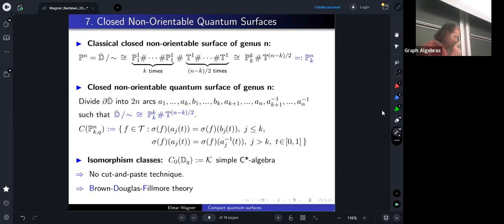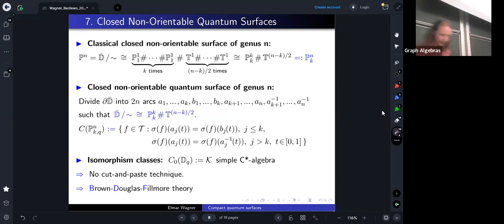And for the K1 in the orientable case, you take a unitary on one circle. You need to lift it to an invertible with index 0.